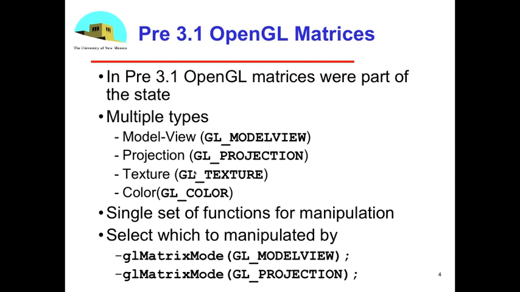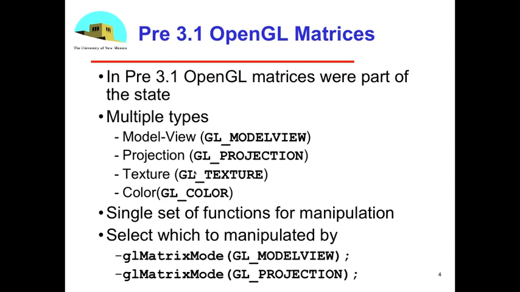So the older version of OpenGL said, okay, you also have a color matrix. So the idea was to have different kinds of matrices that would all exist at the present time. You have this notion of state that's really important to us, that part of the present state was the present model view matrix, the present projection matrix, the present texture and color matrices.